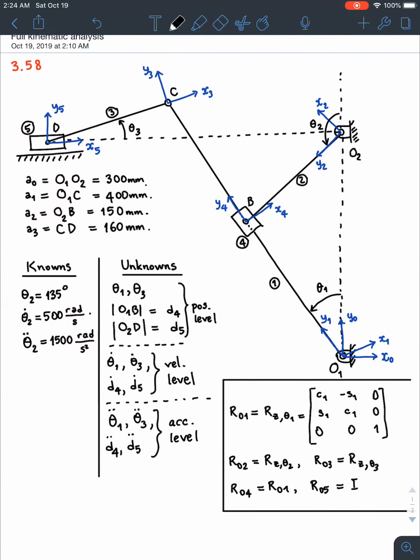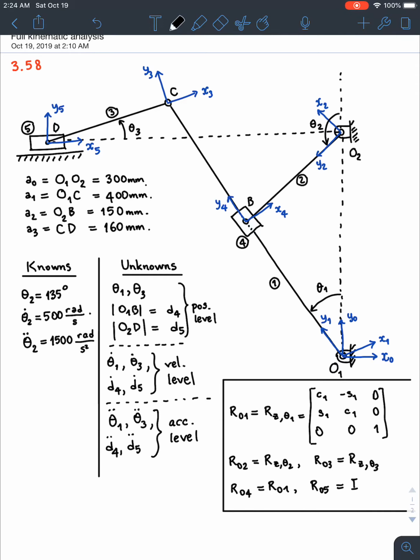If you look at what are given to us and what our unknowns are, I have summarized them on the left-hand side of this page. Of course, the link lengths are given to us. The length from O1 to O2 is 300 millimeters. I assigned it the letter A0. I assigned the letter A1 to the distance from O1 to C, which is the length of the first link.